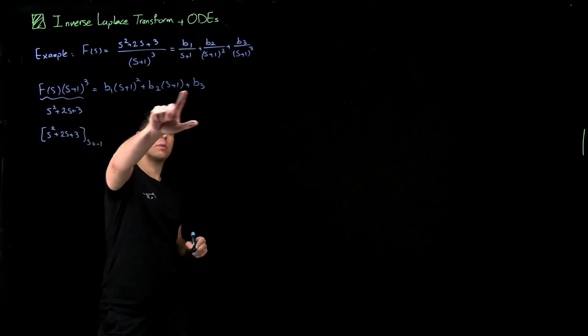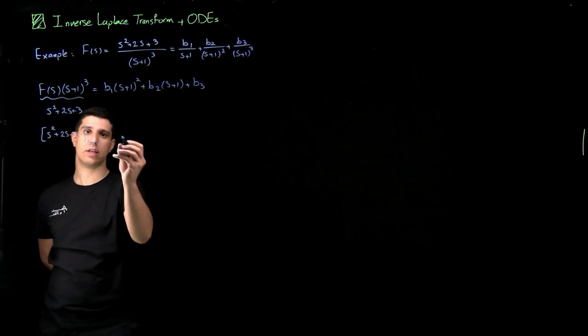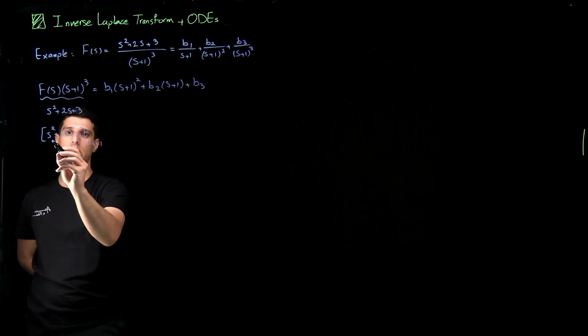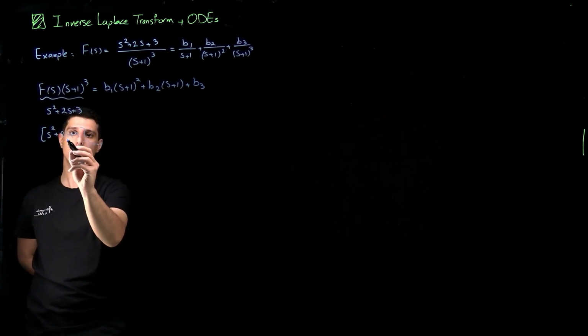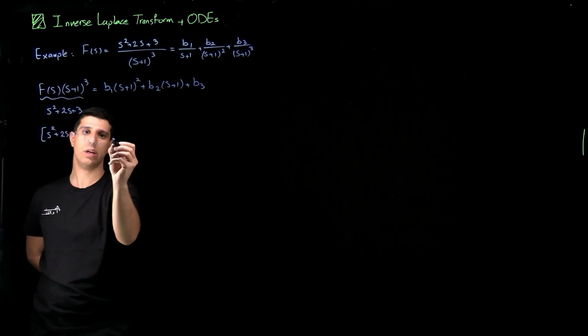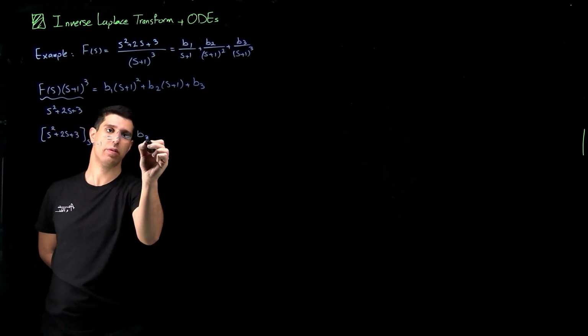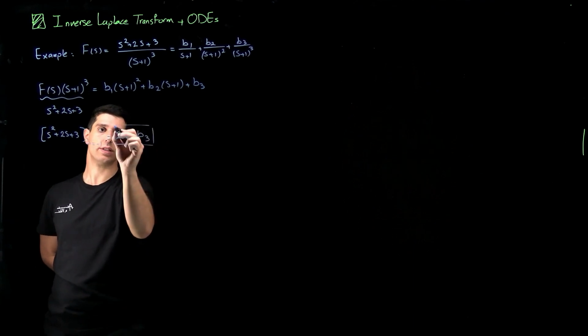On the other side, this becomes 0 and that becomes 0, we have b3, and putting in minus 1 gives 1 minus 2 plus 3, that's 2, equals b3. So that's the first one.